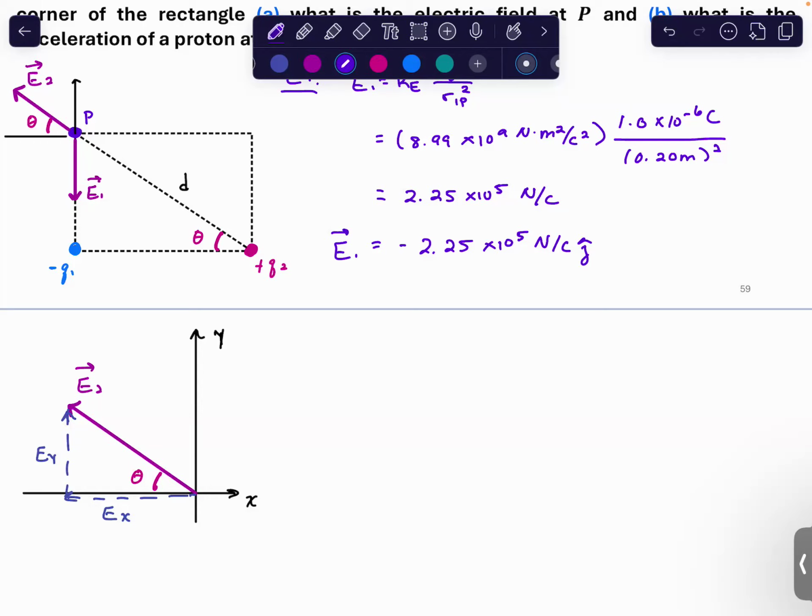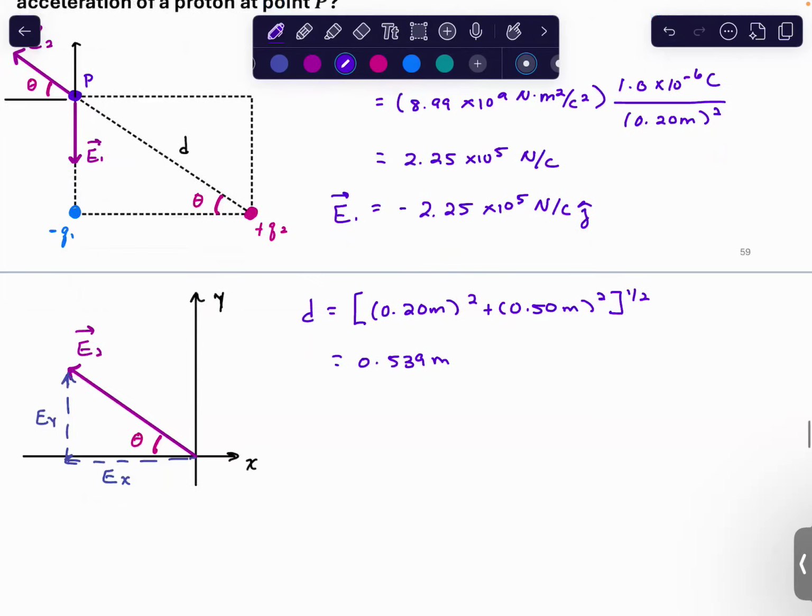Okay, so D is going to end up being, so we solve this, D is going to be 0.539 meters.